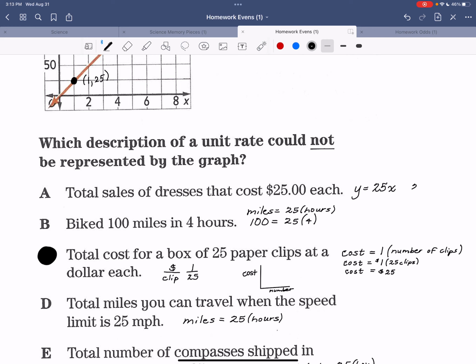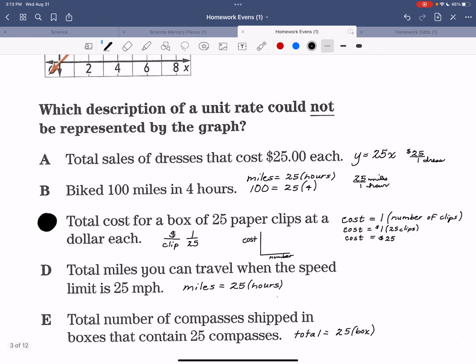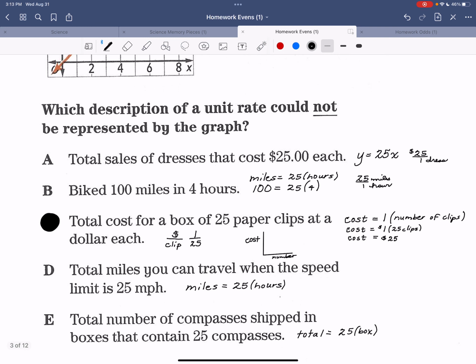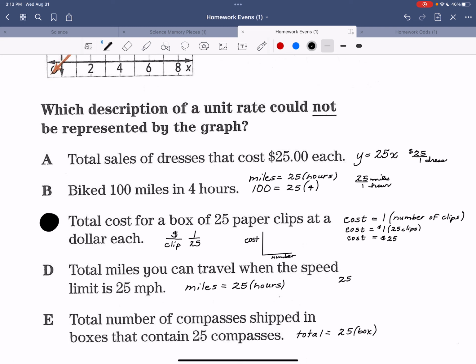The unit rate on this one is 25/1, $25 for one dress. This one would be 25 miles for 1 hour. This one would be 25 miles for 1 hour.